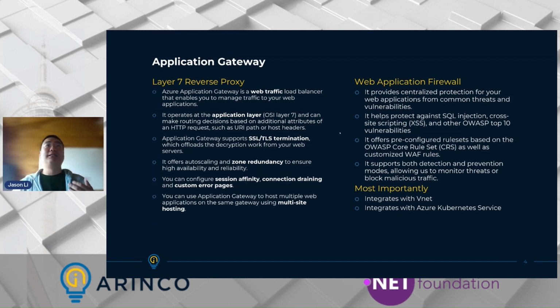Because it's operating on layer 7, it also supports SSL and TLS termination. Instead of handling all the SSL certificates and encryption at your application, you're able to offload that task to Application Gateway as well. It also offers auto scaling and zone redundancy, so you don't need to worry if you suddenly have a spike in traffic.